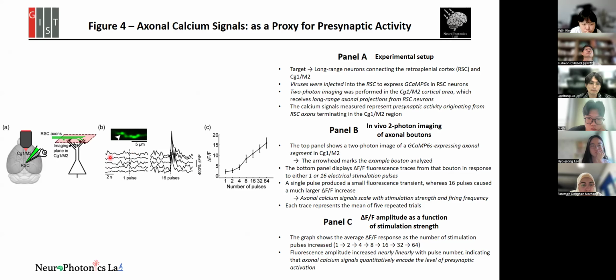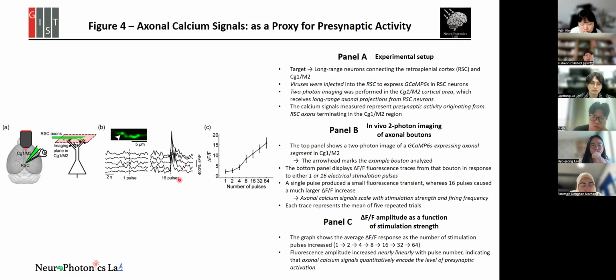And the bottom panel displays the fluorescence trace from the bouton in response to either 1 or 16 electrical stimulation pulses. The single pulse produces a small fluorescence transient, whereas 16 pulses cause a much larger fluorescence release.